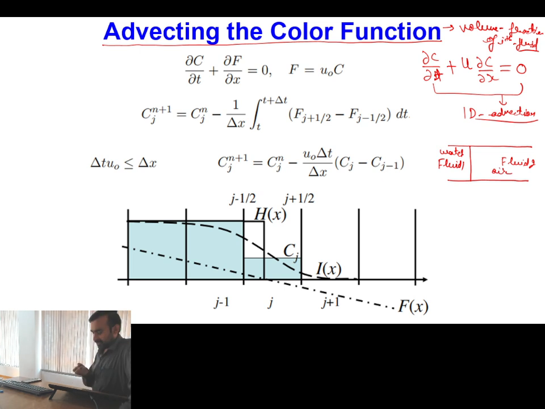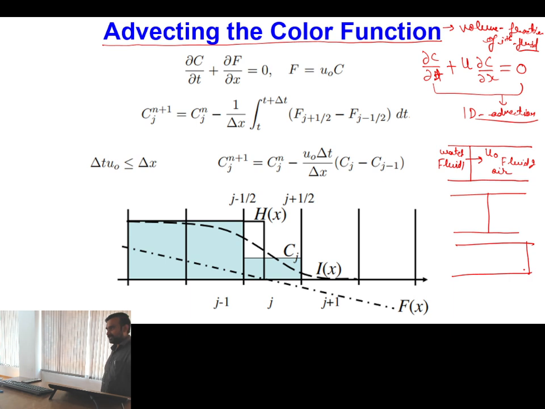Now, if with time water is moving in the forward direction with some velocity u naught, what will be happening? This interface after some time will be here, after some time it will be here. Likewise it will be displacing the air and moving in the forward direction. So this is nothing but one dimensional advection of the interface. All are clear with this idea?